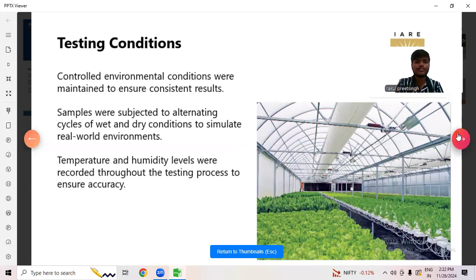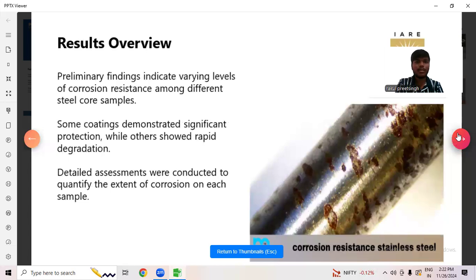And next is the results overview. This is a rusted iron. This is a corrosion-resistant stainless steel.